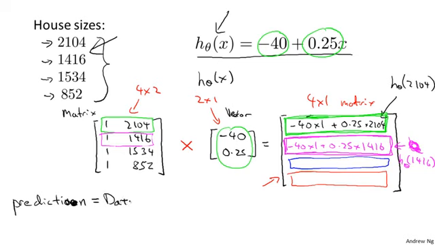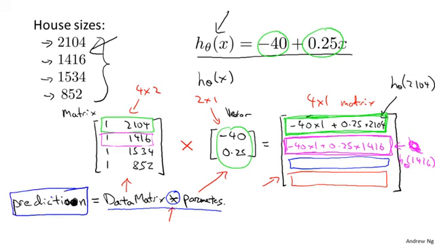You write prediction equals my data matrix times parameters, where data matrix is this thing here and parameters is this thing here, and this times is a matrix vector multiplication. And if you just implement this one line of code, assuming you have an appropriate library to do a matrix vector multiplication, then prediction becomes this 4x1 dimensional vector on the right that just gives you all the predicted prices.